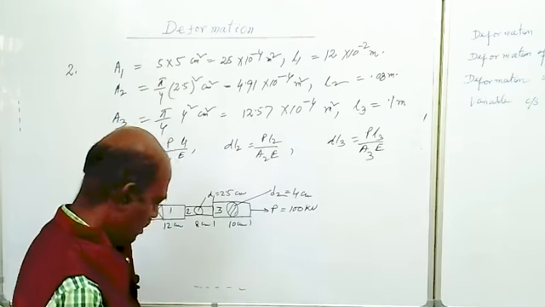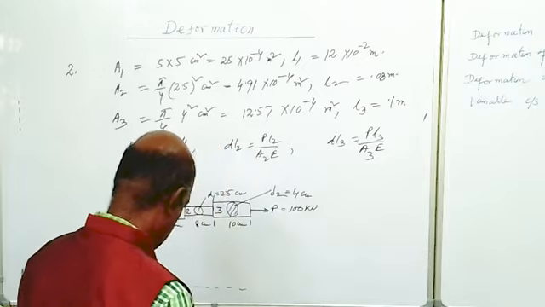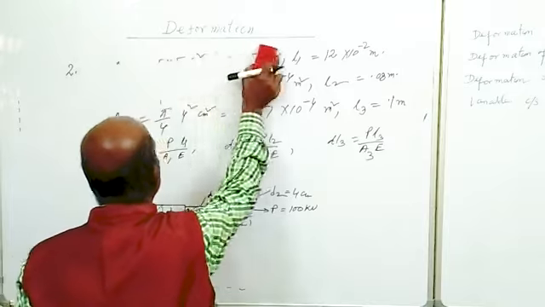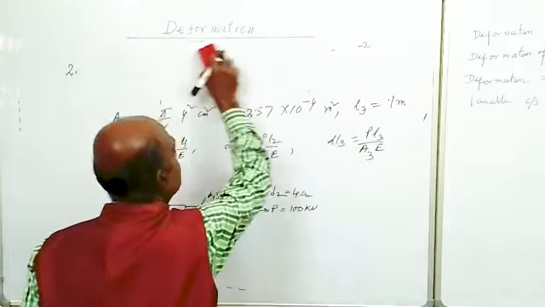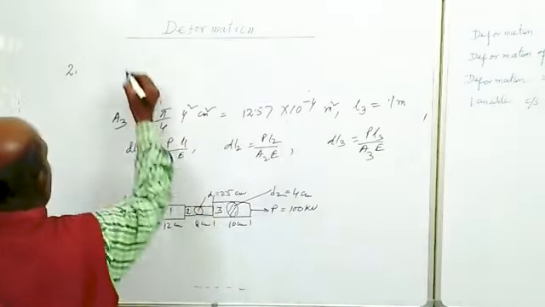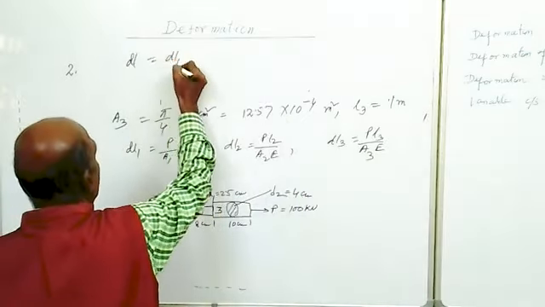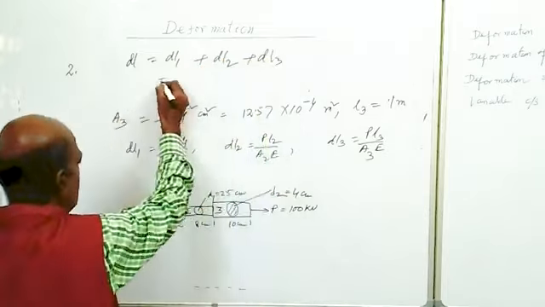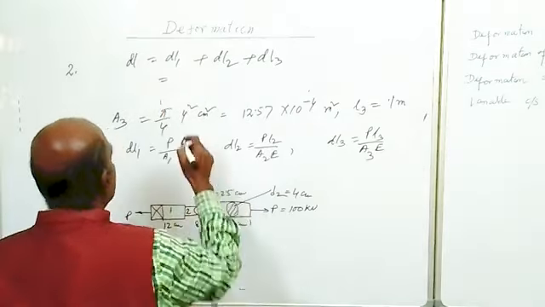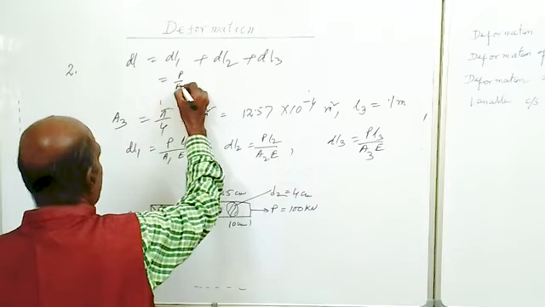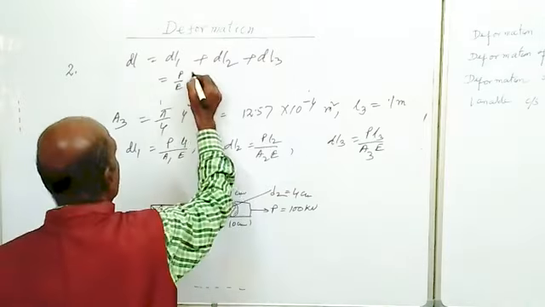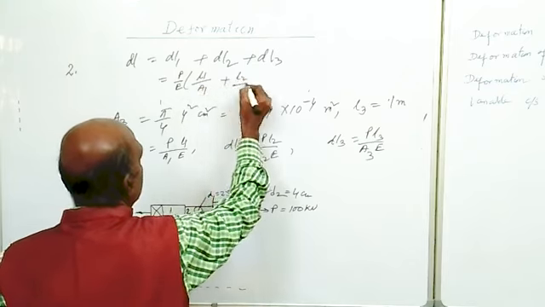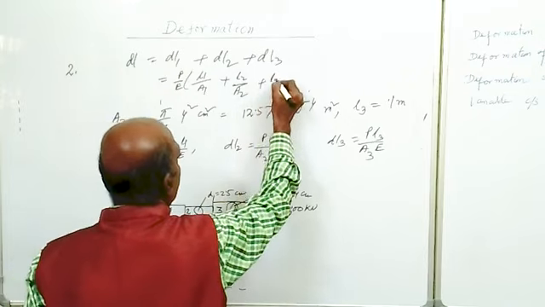So, if you substitute these values, we can find dl is equal to dl1 plus dl2 plus dl3, that is equal to P by E, which will remain same, into L1 by A1 plus L2 by A2 plus L3 by A3.